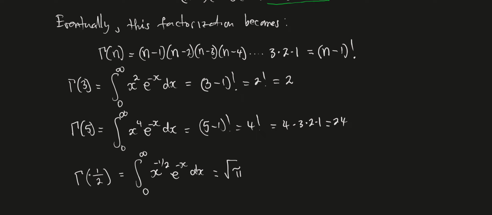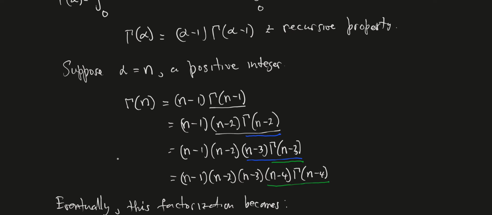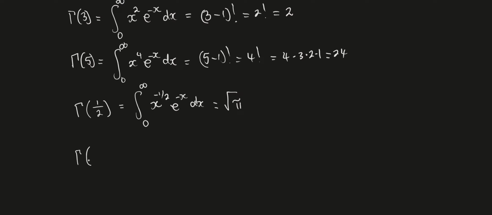Now you could use this along with the other recursive property that I mentioned right here to find other values. So for instance, let's say I wanted to find the gamma of 5/2. It's not a positive integer, so I can't use the factorial, but what I can say is that this is 5/2 minus 1 times the gamma of 5/2 minus 1, which in this case would be 3/2.